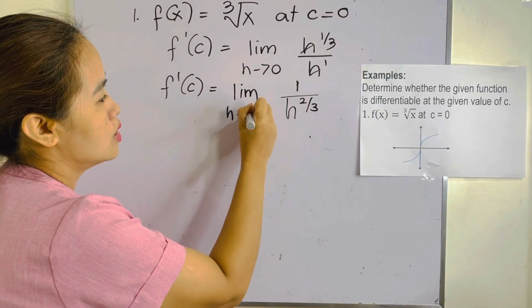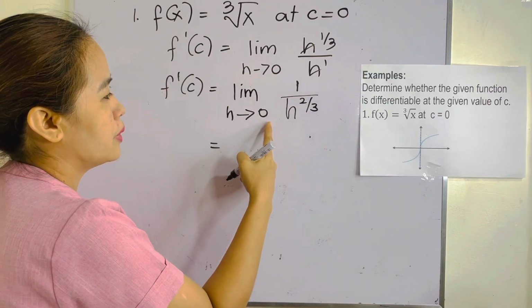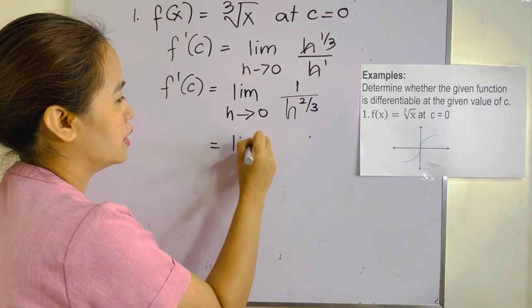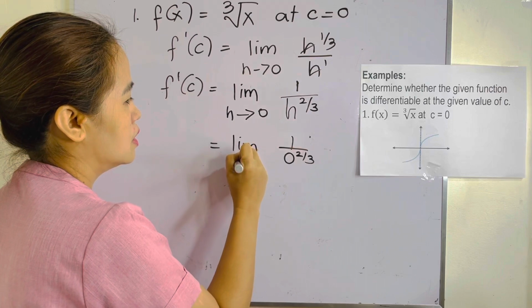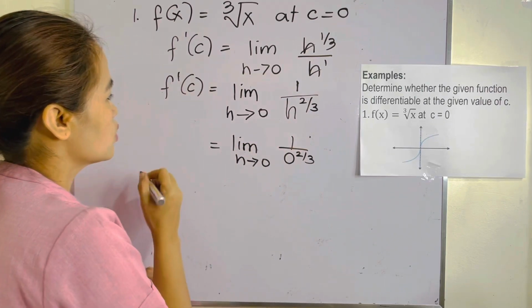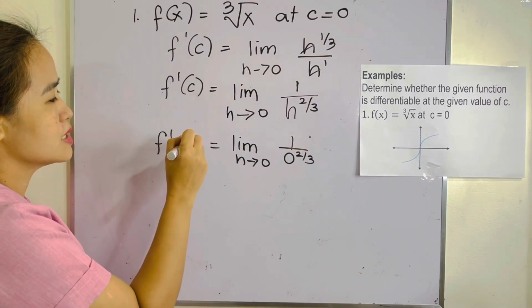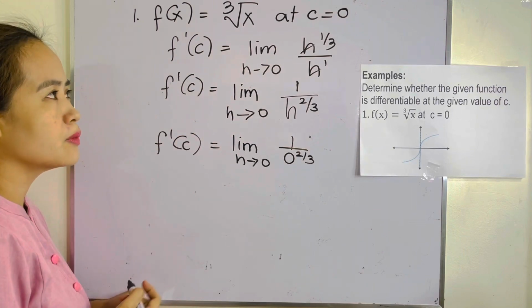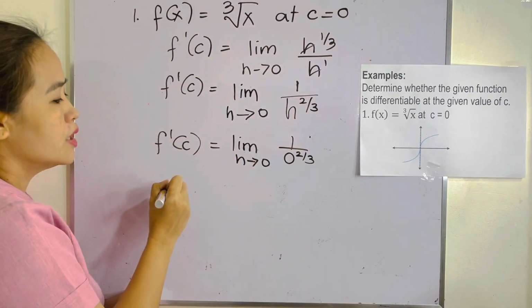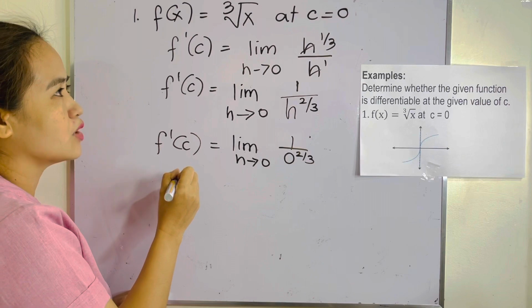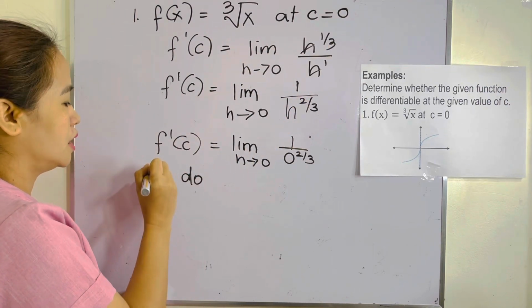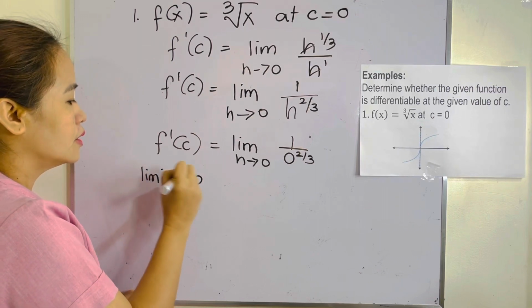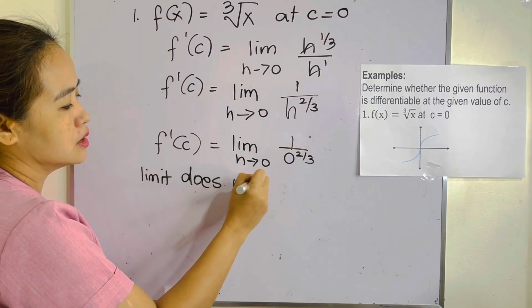That is, as h approaches 0. So replacing h by 0, that will be the limit of 1 over 0 as h approaches 0. Therefore, the given function is not differentiable at c equal to 0 because the limit does not exist.